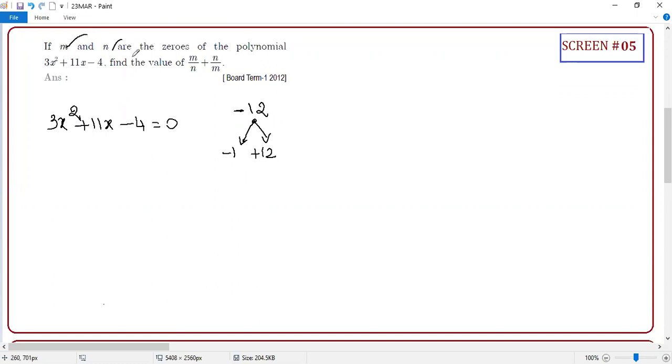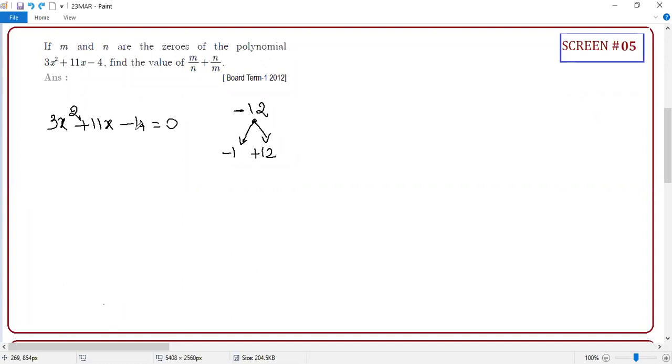M and N are the zeros. You have to find the zeros using factorization method. If you are not able to factorize, then go for the formula method. Now we are very clear that we can use factorization method. Why are we choosing factorization method? Still many students are comfortable with quadratic formula. They do not like to use factorization because they are not comfortable with it.